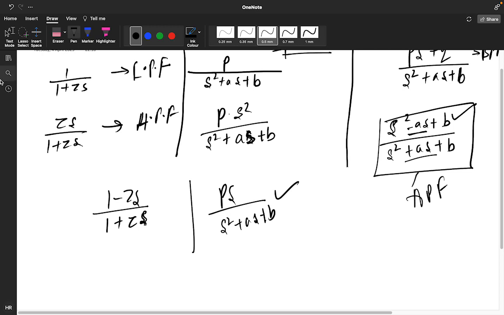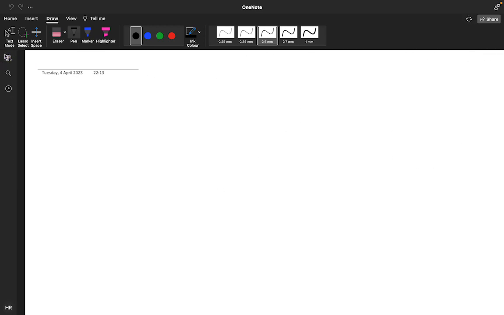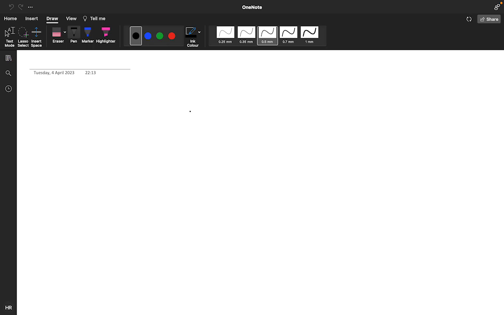So in examinations they will ask you questions like this. They can give you a circuit. The question is: identify the type of filter shown in the network given below. So your network is like this.